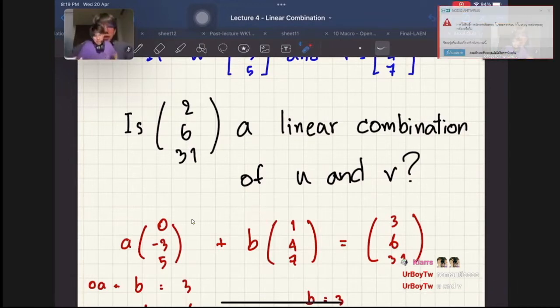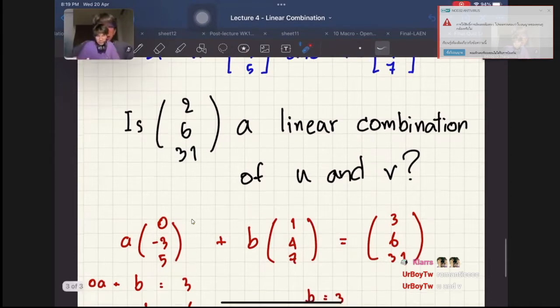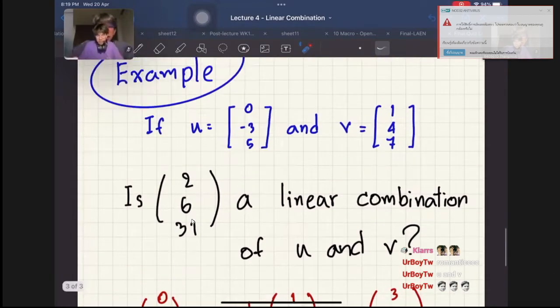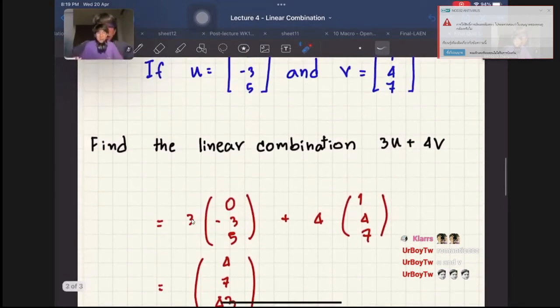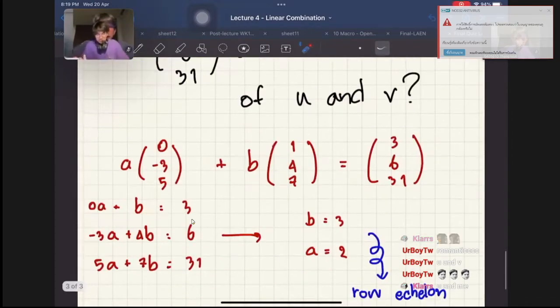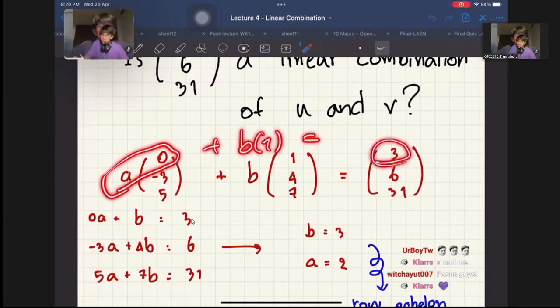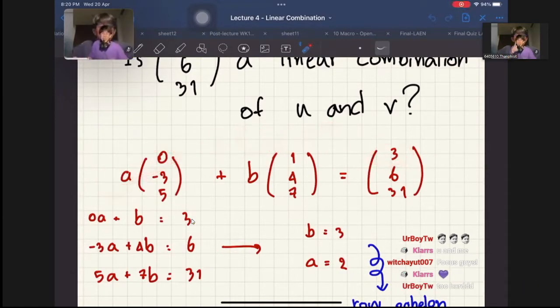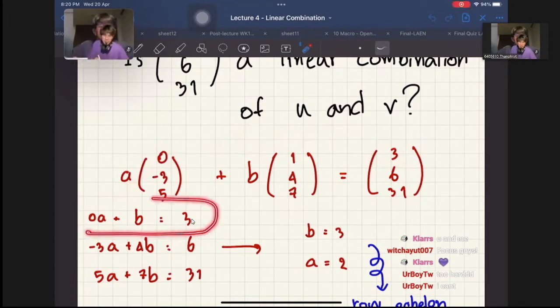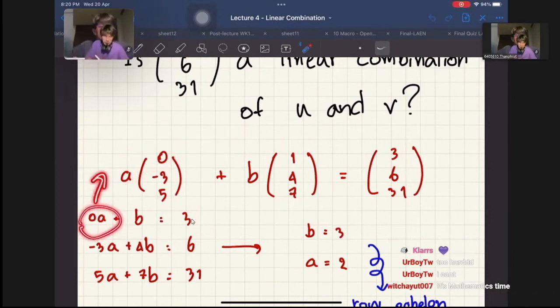So how to do it is easy. You do the same as the first example: a times 0 plus b times 1 equals 3. So you will get the first equation. 0 times a is 0, and b times 1 is b, equal to 3.